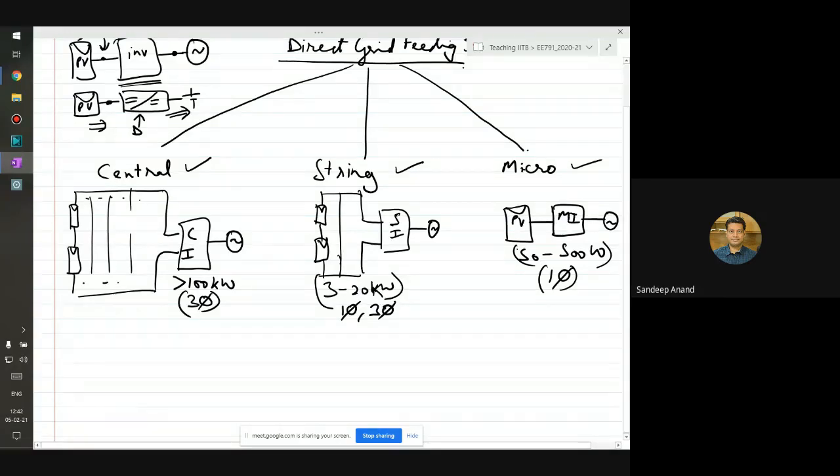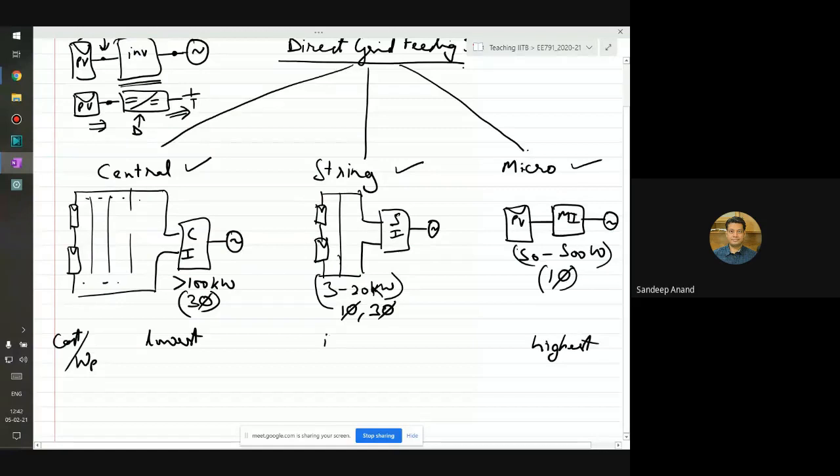Usually if you see cost per watt peak, because in solar inverters or solar panels we always talk about watt peak, as that is the maximum solar power that it can connect to. If you see the cost per watt peak, a central inverter is lowest, followed by the string inverter, and the microinverter has the highest.